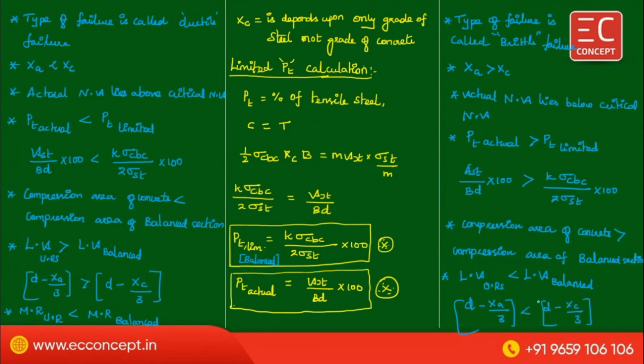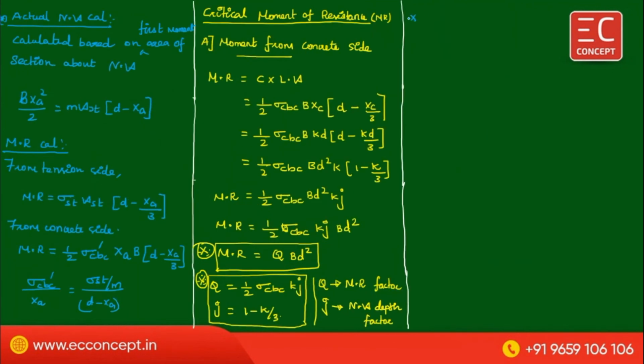I hope you understood. Because XA is greater than XC, this entire value becomes less. And the next point under this is that the moment of resistance of the over reinforced section is greater than the moment of resistance of the balanced section.